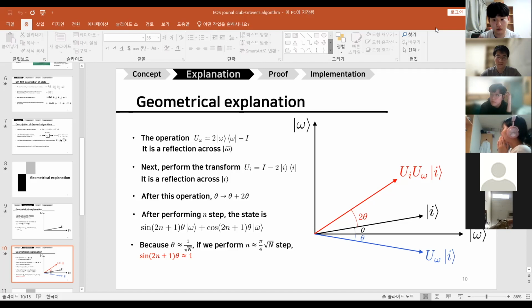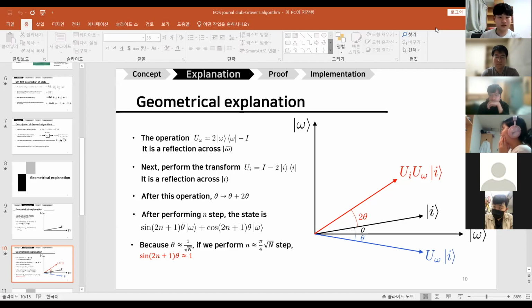Can you explain one more time? So the problem setting of Grover's algorithm is when the data is not sorted. Yes. So that's why it's called an unstructured search problem. Yes. And if the data is in a sorted manner, would Grover's algorithm still provide us some sort of quantum speedup?